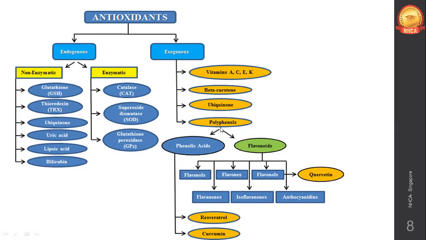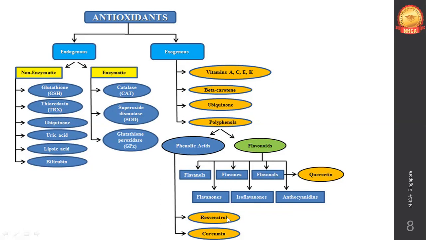Polyphenols, which you get through tea and coffee. Flavonoids are from tea. Phenolic acid is from coffee. Under flavonoids you also have different types of antioxidants that you don't have to study. Resveratrol, curcumin. Curcumin you get from turmeric.